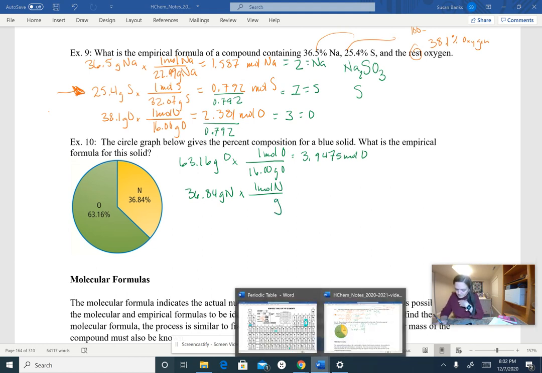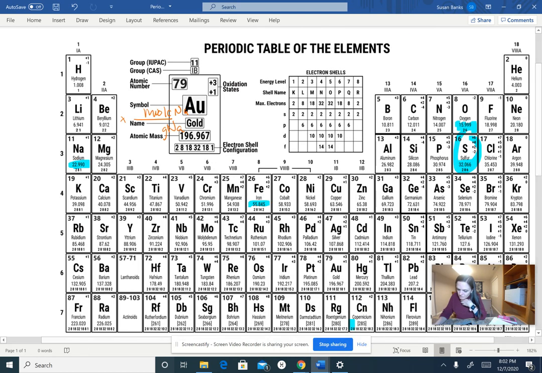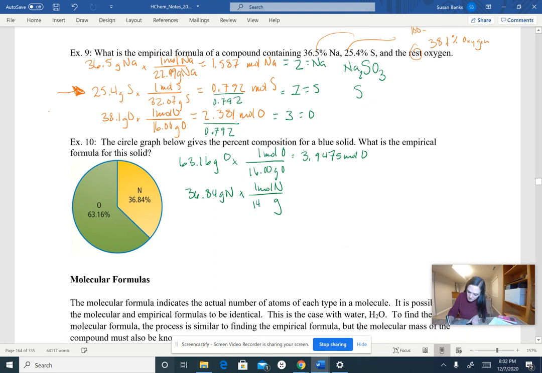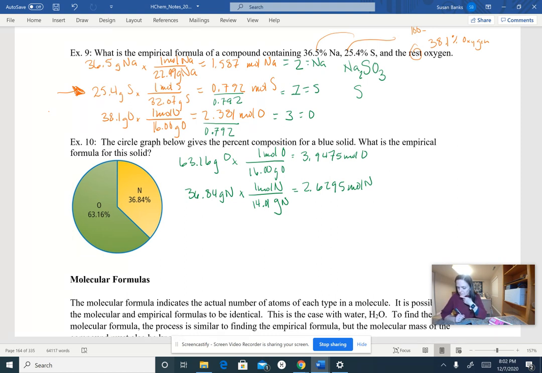Do you guys remember? Let's look up nitrogen, 14.007, will round to 14.01. So I'm going to take 36.84 and divide by 14.01. This gives me 2.6295 moles of nitrogen.